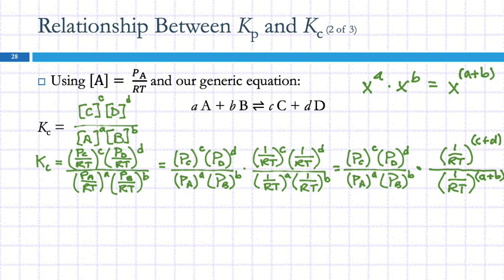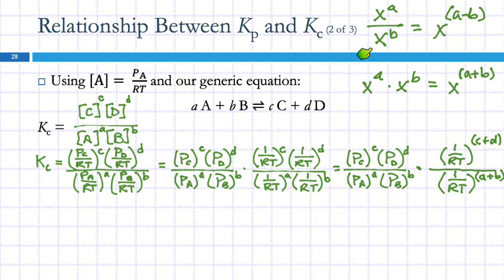So it's getting a little smaller, still pretty messy. Well, if I have x to the A divided by x to the B, that is equal to x to the A minus B. It's great if you have a good grasp of exponents. If you don't, you can still be successful, okay?